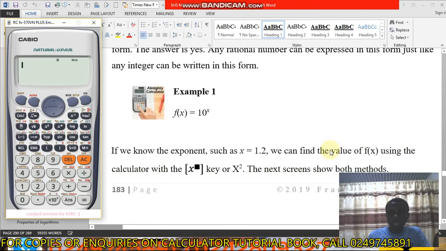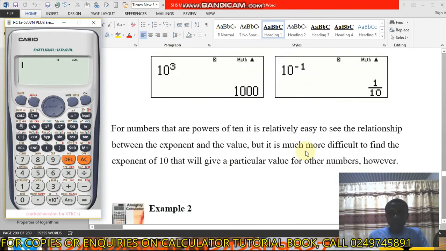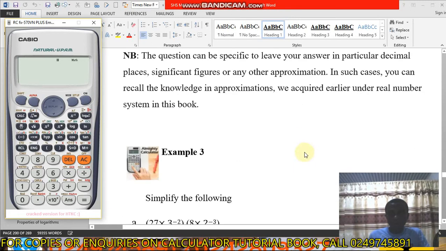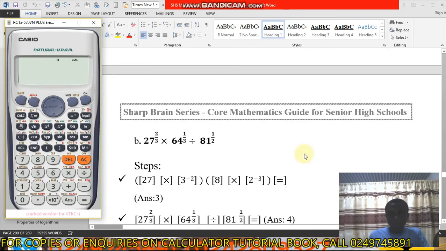We were able to find the value of x for f(x) equals 10 raised to the power x, and being asked to find the value of x, we used the equation solver to find our unknown power x in that equation involving indices. Good. Today we want to continue by solving a few questions.